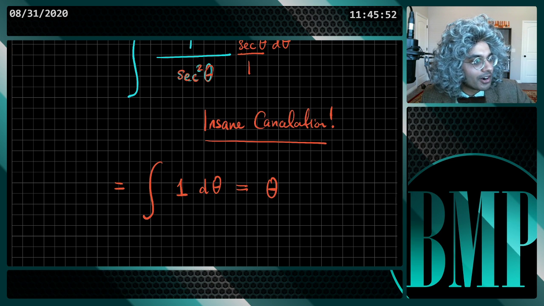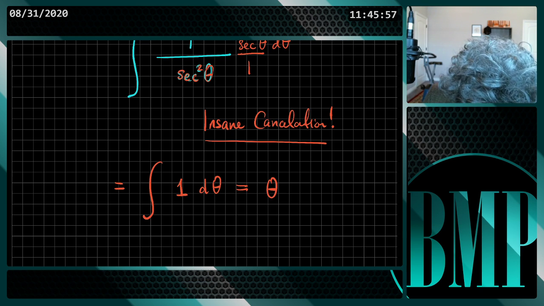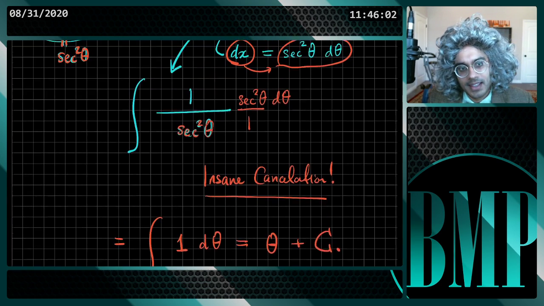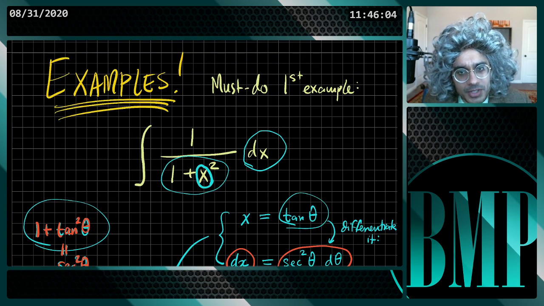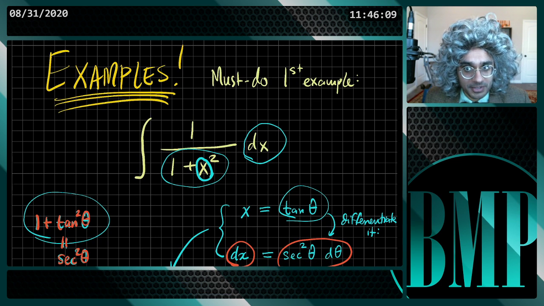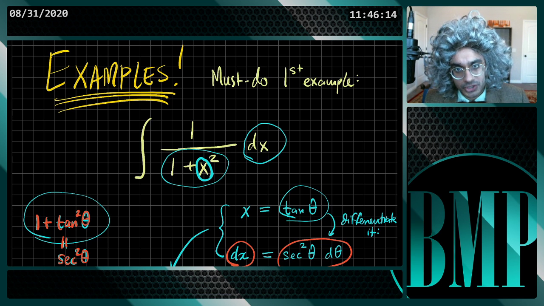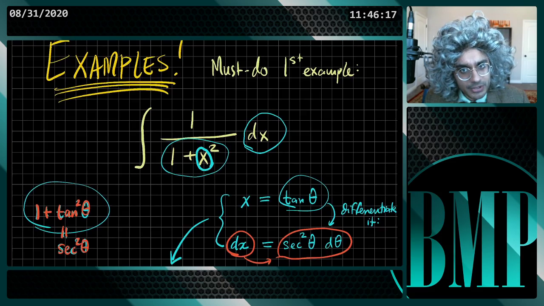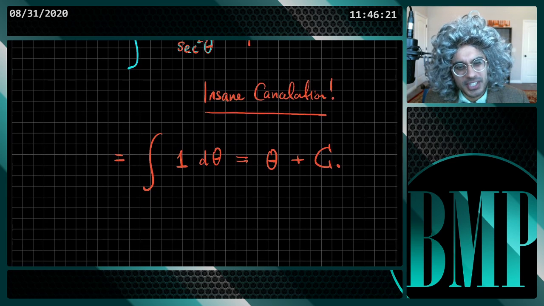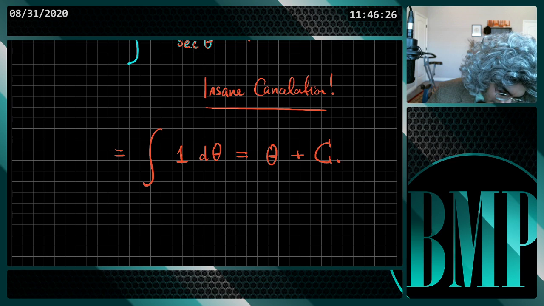And then you have plus c. But here's the deal, folks. The problem was initially given in terms of the variable x. So as a matter of respect, since the problem was given to us in terms of x, you should give the answer in terms of x. How do you do this?